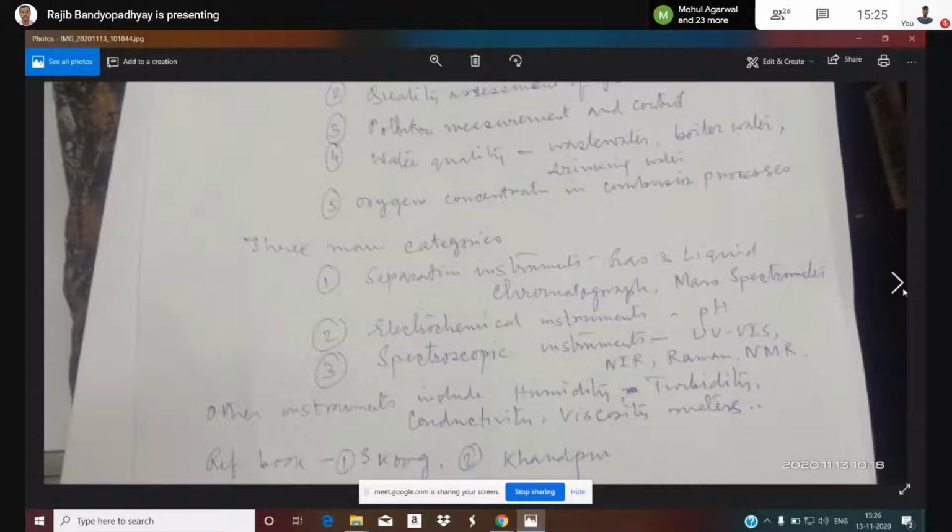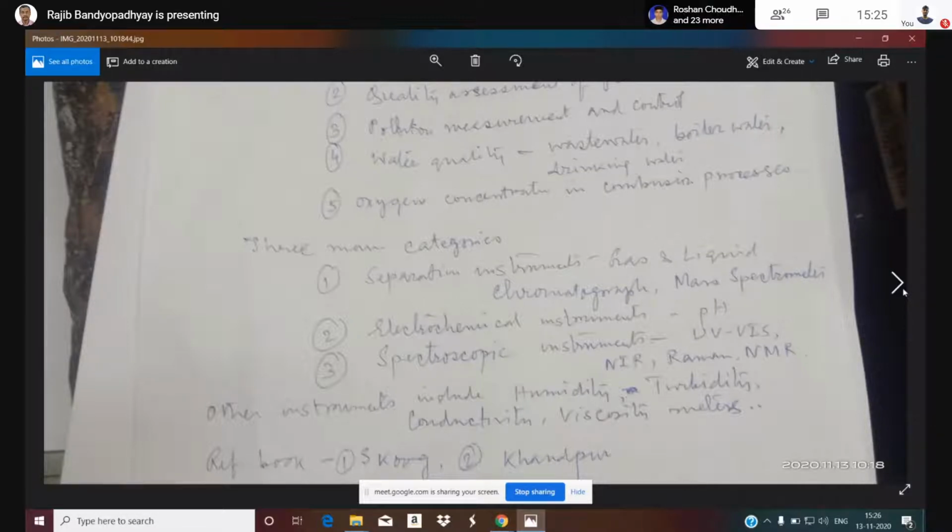So pH meters are available and they're not at all costly. This is based on the principle of potentiometry, but there are some other techniques, for example, amperometry. Amperometry means that we apply some voltage and current is allowed to pass through the solution, and that current gives an idea about the concentration of that particular analyte.